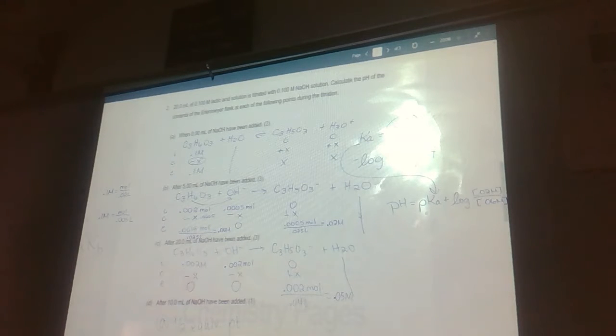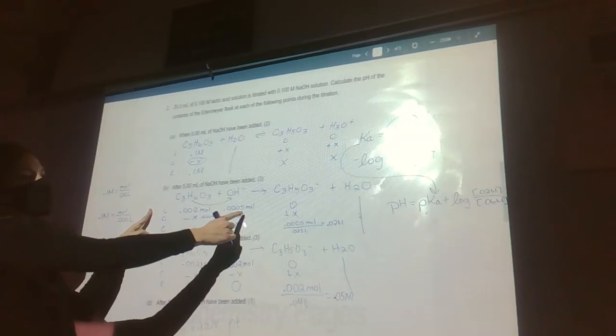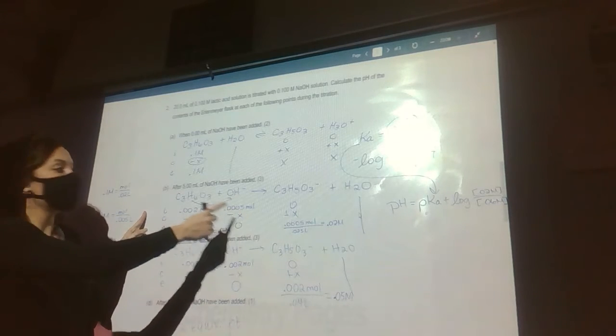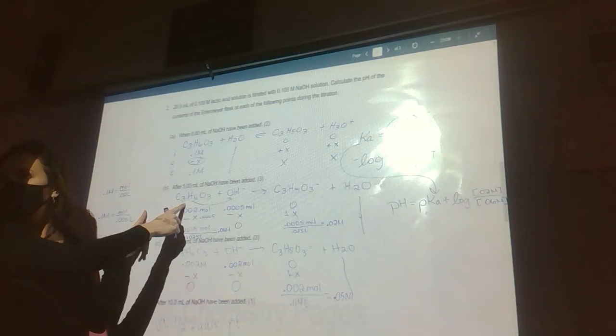Yes? Did you say that the pH would be the negative log of the Ka? The negative log of the Ka, which is the pKa. Yep. And then at part E, when you've gone past the equivalence point, you have an excess of hydroxide. So you would do this exact same thing here, but instead of your limiting reactant being the hydroxide, your limiting reactant would be this.